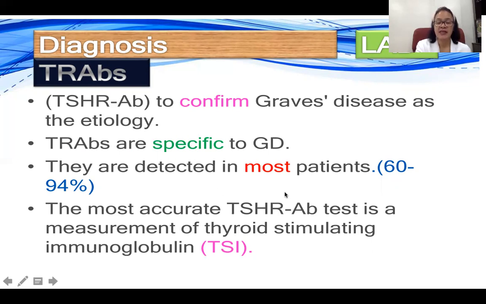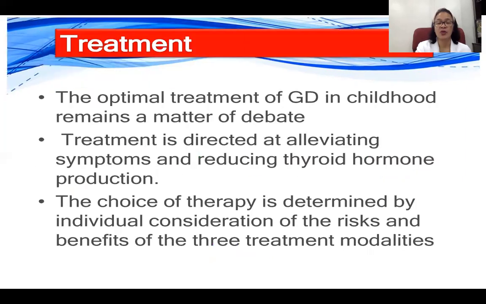These are detected in most of the patients, in 60 to 94% of patients. The most accurate test for these antibodies is the measurement of your TSI, your thyroid stimulating immunoglobulin.